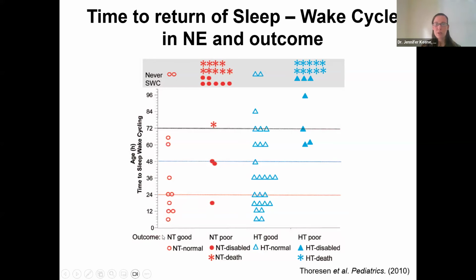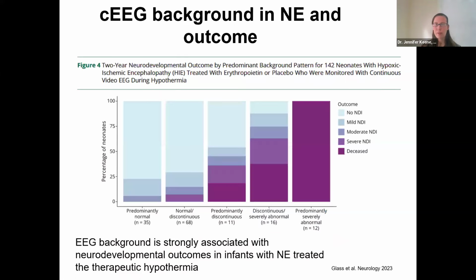And we can see that those who had a return of sleep-wake cycling relatively quickly over the course of cooling typically did much better than those that either had a later return of sleep-wake cycling or never had return of sleep-wake cycling.